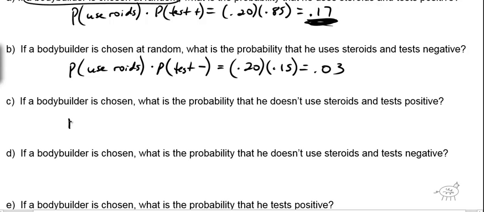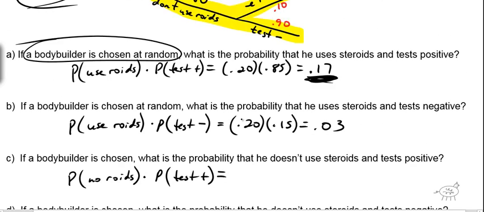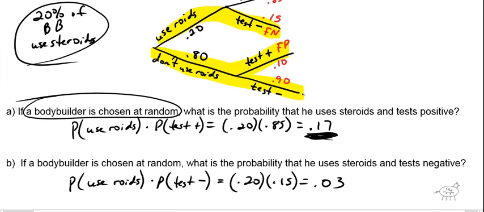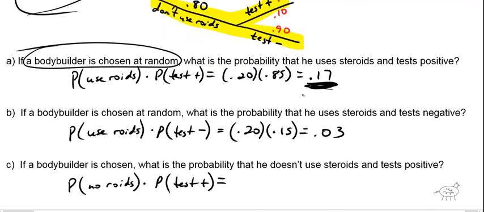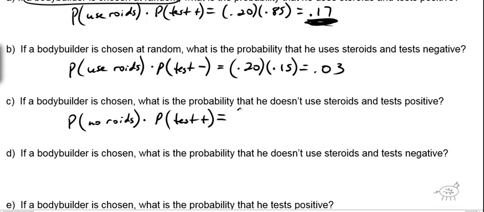Okay, this one, bodybuilder is chosen, probably doesn't use steroids. So again, this is going to be probability of no roids times the probability of test positive. Okay, so we go back up here. Probability of not using steroids is 0.8, and then test positive is 0.10. So 0.80 times 0.10.